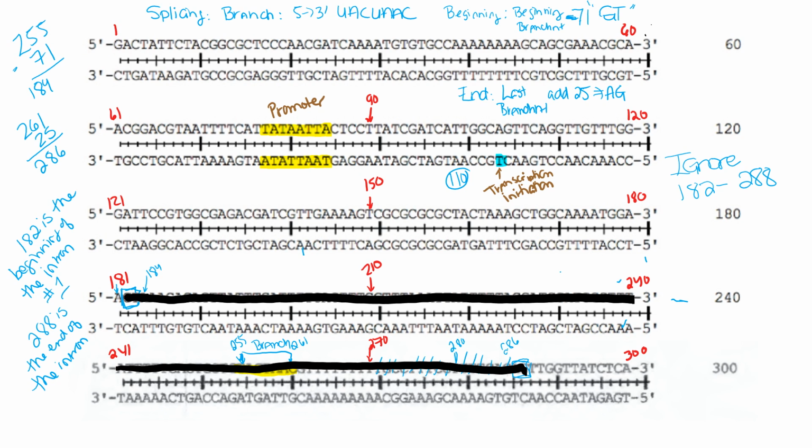So to start translation, what do I have to find? And you should remember this from lecture. I need to find a start codon. And do you remember what the start codon pattern was? Because it's a pattern of 3. So the start codon is AUG, right? And so if we're looking at the DNA, it's going to be ATG.